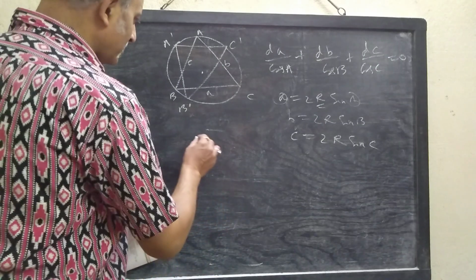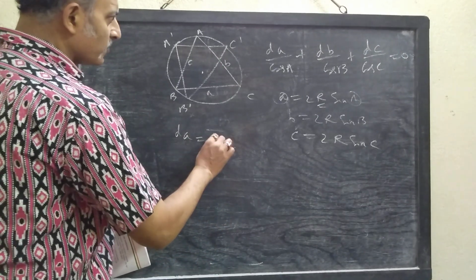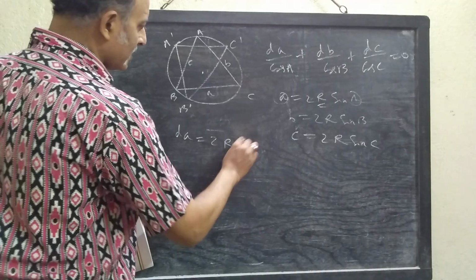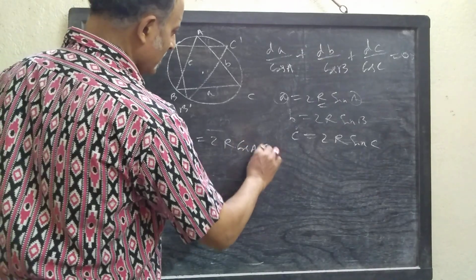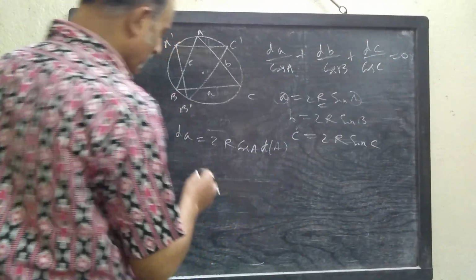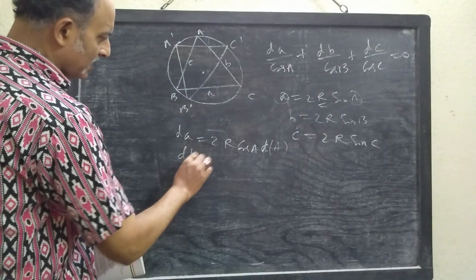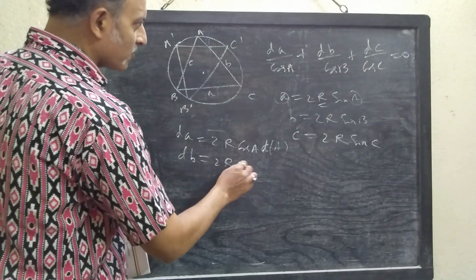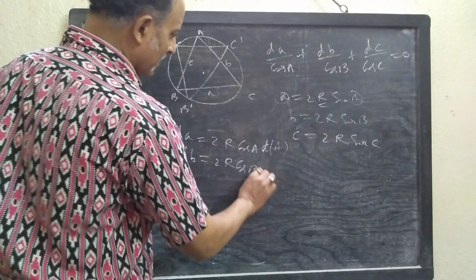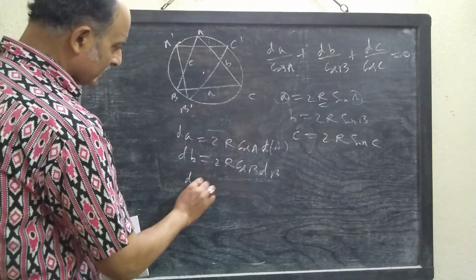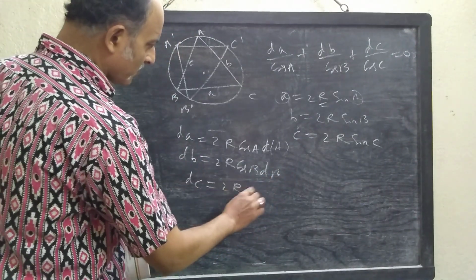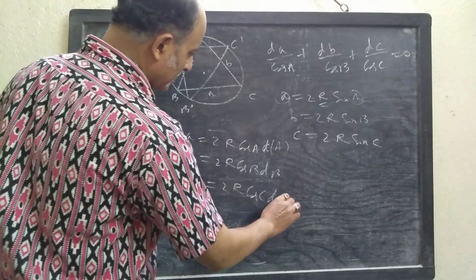So taking differentials, you get da = 2r cos A dA. Next, taking the differential of b, db = 2r cos B dB. Next, dc = 2r cos C dC.